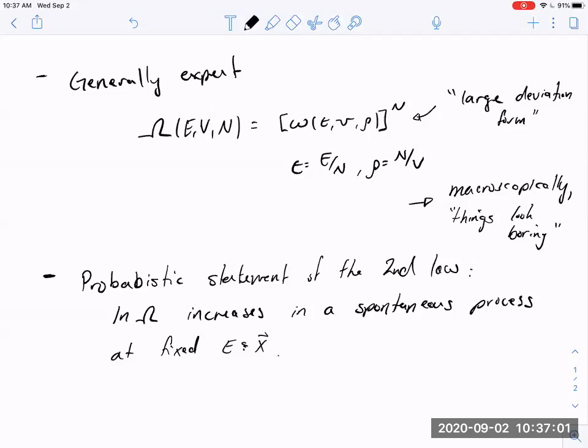In a fixed energy and mechanical variable system, an isolated system, because all states are equally likely, the most likely thing to have happen is just the thing that can have the most ways of occurring. If omega enumerates the ways in which something can happen, that means that improbable states become more probable, or states with fewer numbers of ways of happening will spontaneously evolve to states with more ways of happening.